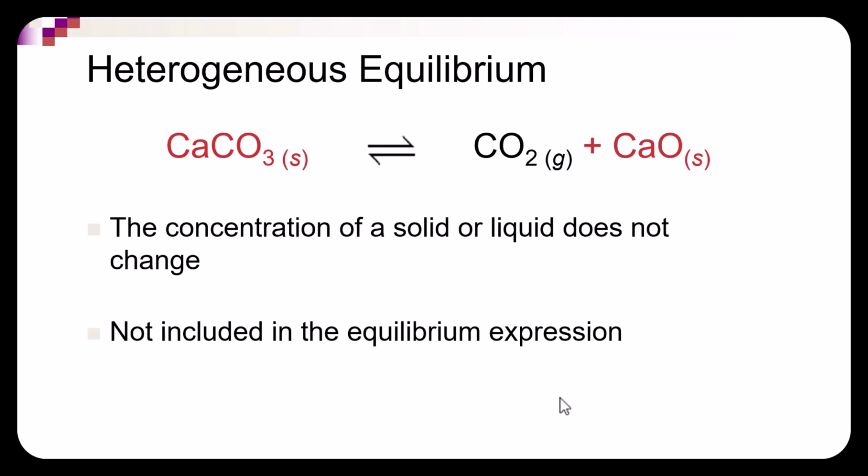So if I were to write the equilibrium expression for this particular equation, I would write it as such. K equals products over reactants. So products, I would include the carbon dioxide. I would not include the calcium oxide.